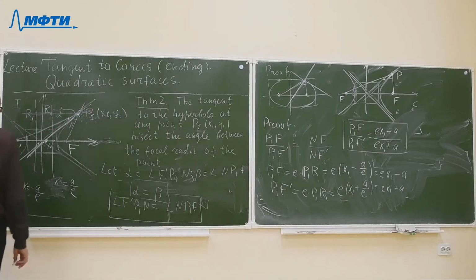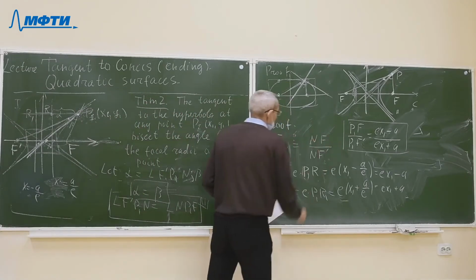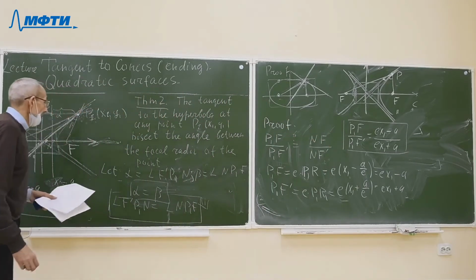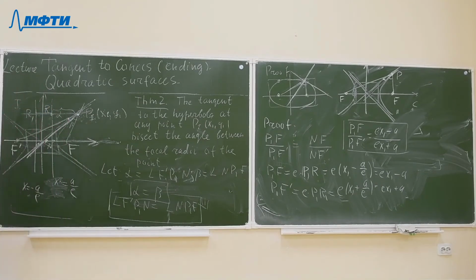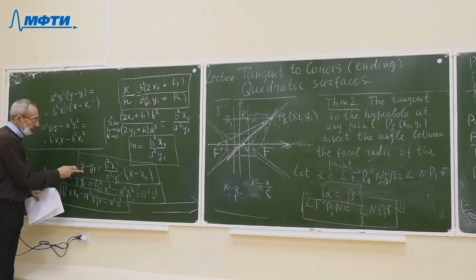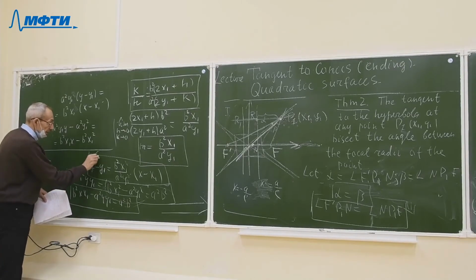And the second step in our proof is to calculate the distances NF1 and NF, and after that calculate the ratio in the right side. How to calculate? We can use this equation for the tangent. In this equation, we can put the value of y equal to 0.